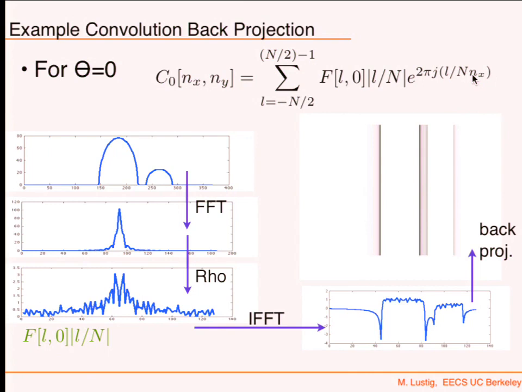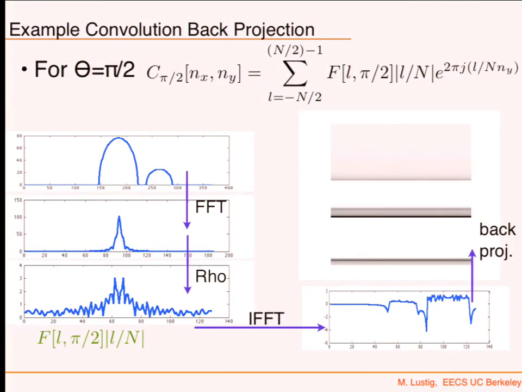I did this operation and I get this filtered projection, and then I back project it by taking it and smearing it, replicating it for all y. I can do that also for all other angles. So this is c_0, theta sub m equals 0.